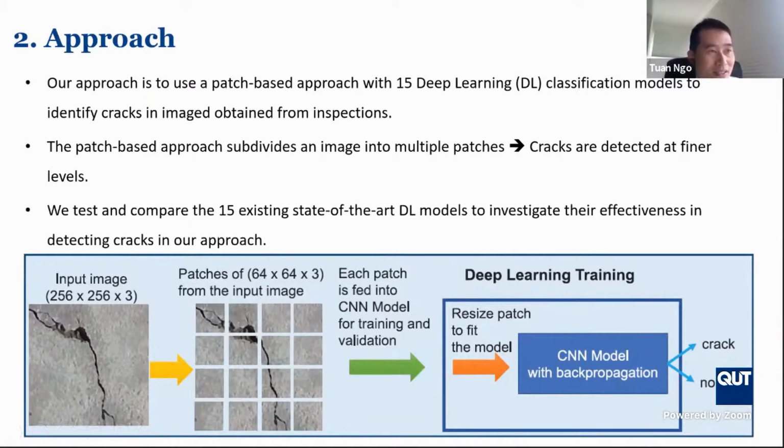Each patch can be fed into a CNN model, and the image can be resized and the CNN model used to detect whether the patch contains a crack or no crack.